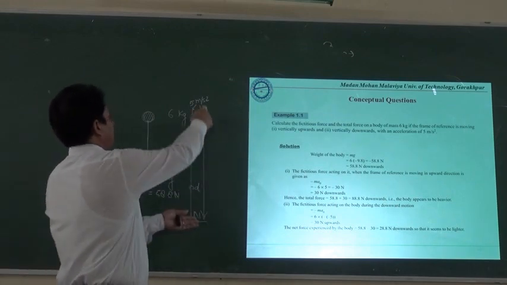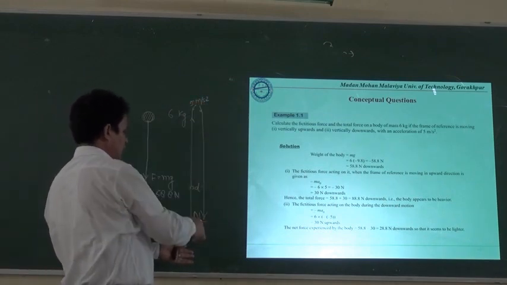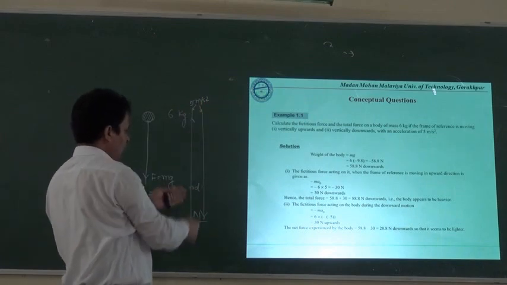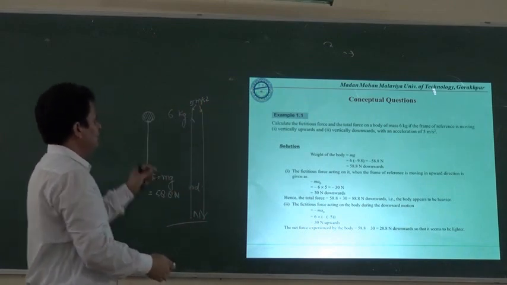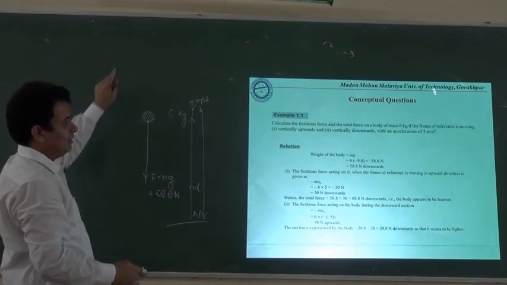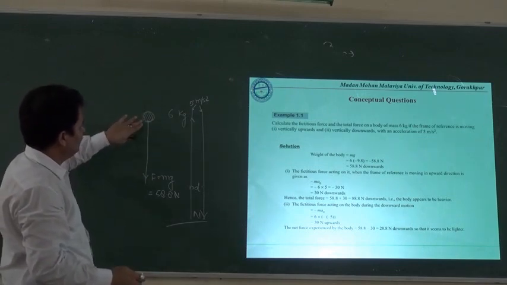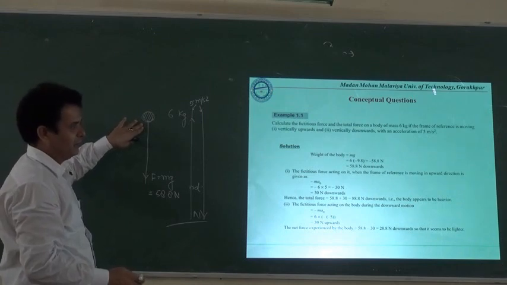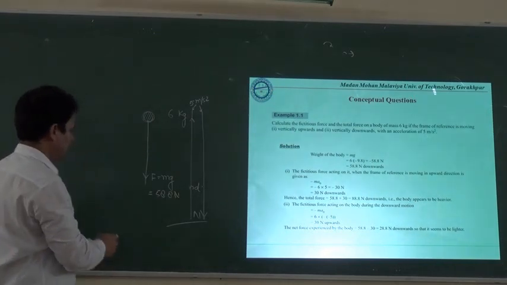And since our frame is moving in the downward direction, the body will now appear to come in the upward direction, which means we will have a positive acceleration, because its direction is upward.